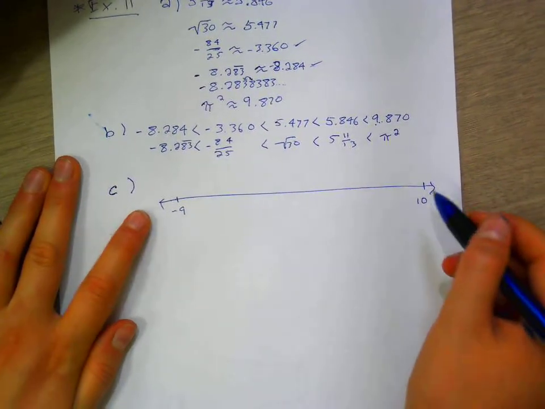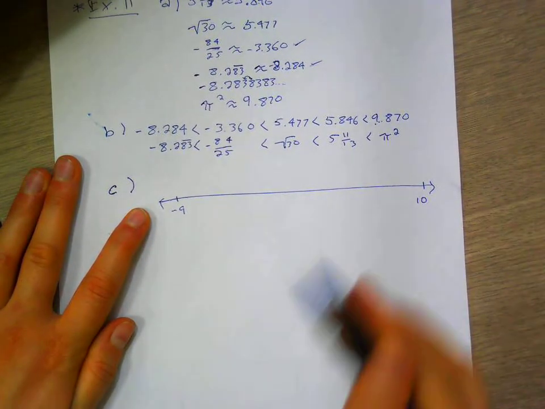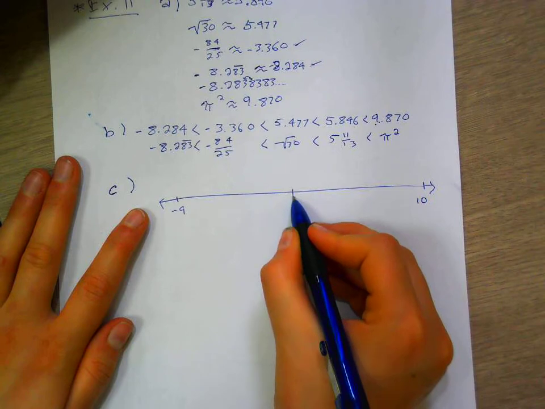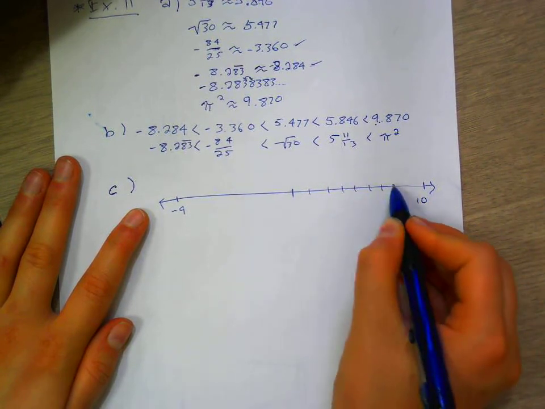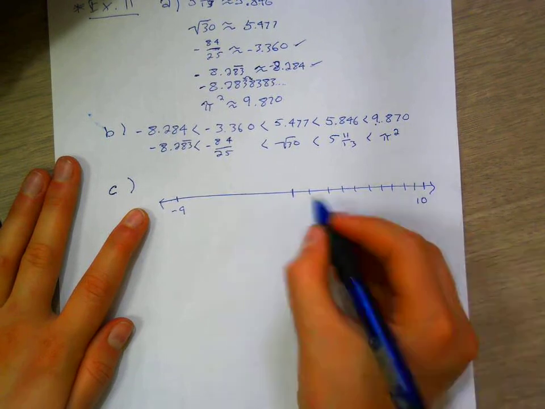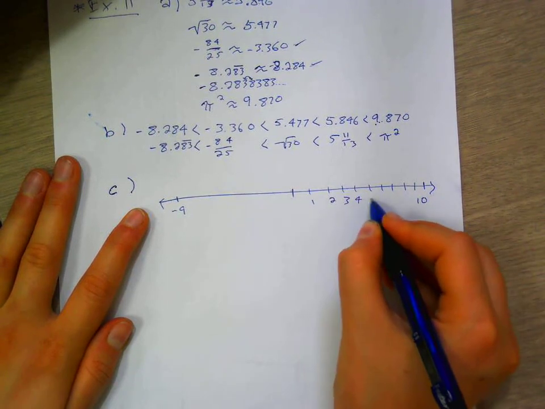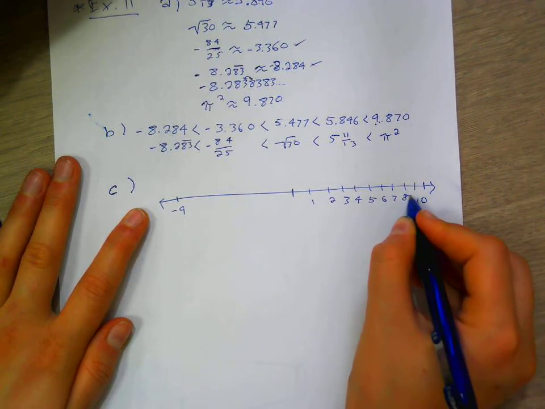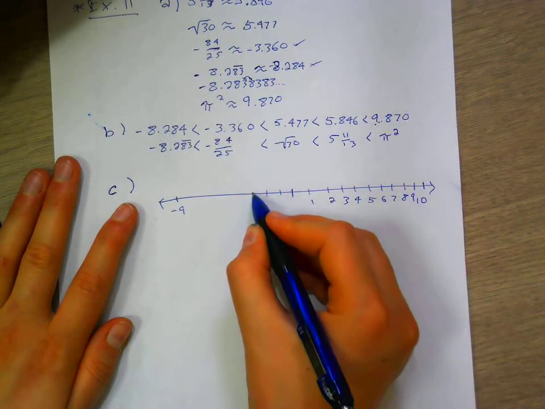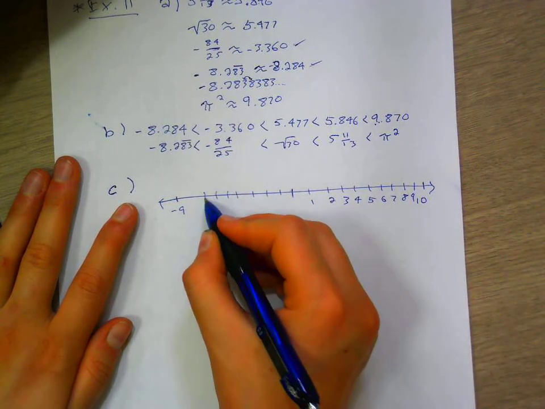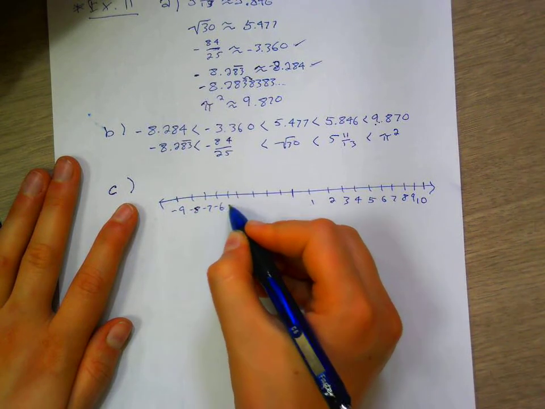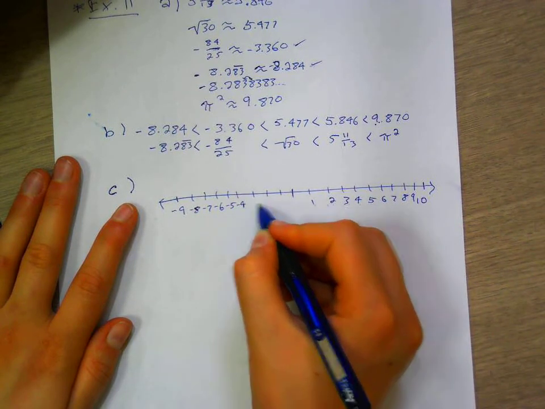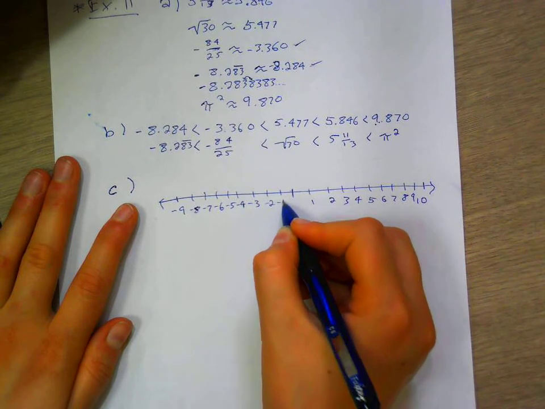The 0 is about in the middle, a little bit closer to the 9, and then I'm going to draw 1, 2, 3, 4, 5, 6, 7, 8, 9, and there's our 10. Negative 1, negative 2, negative 3, negative 4, negative 5, negative 6, negative 7, negative 8. And 0. Now we can graph these.